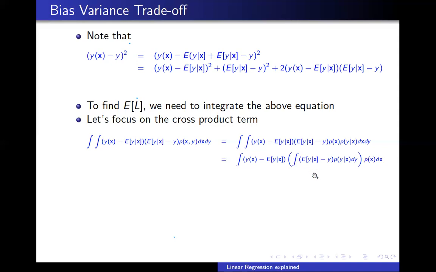Now if you compute this inner integral first, the expected value is a constant term. The integration of the second term is nothing but y times p of y given x, which is the conditional expectation. So these two terms become exactly the same, and as a result, once you subtract, this is 0. So the cross product terms become 0 in this representation.